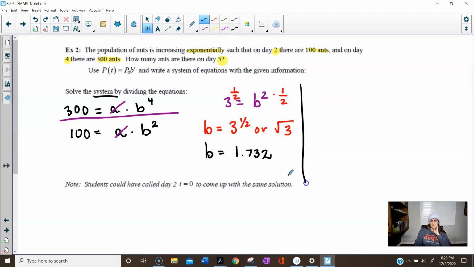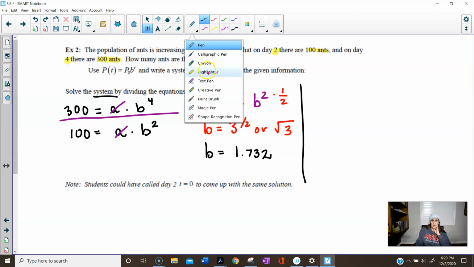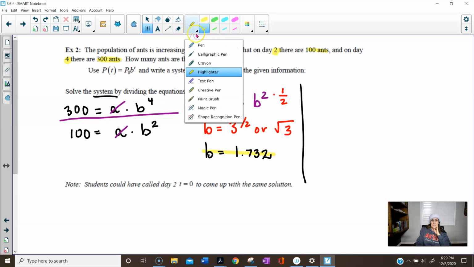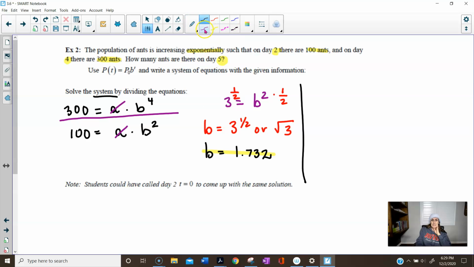All right, so now what we're going to do is plug this in and figure out what A is. So we know what B is. Now we're going to figure out what A is. So A is going to be, just pick one of the 2 equations. So 100 equals A times, now I would have stored this number in my calculator as B, and then I would use the full number.